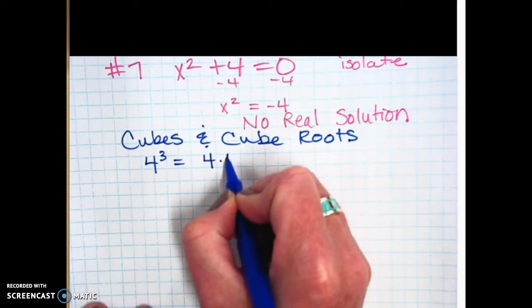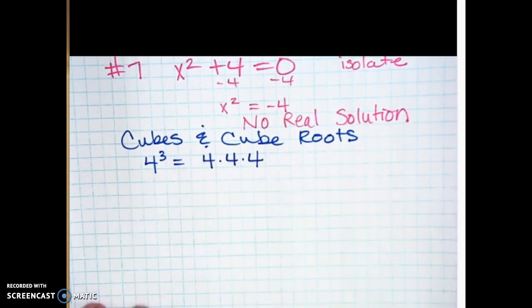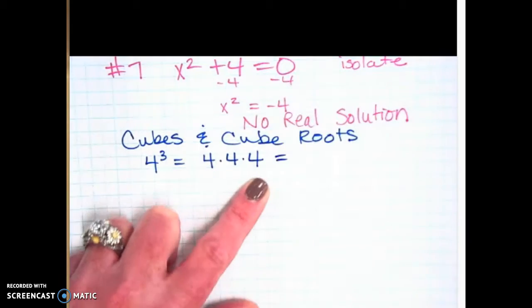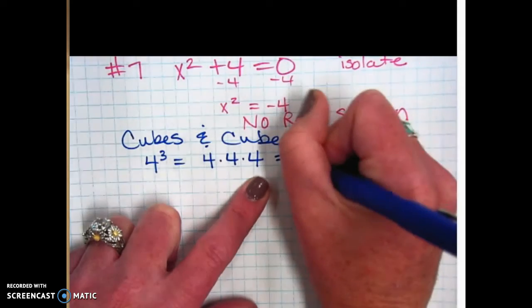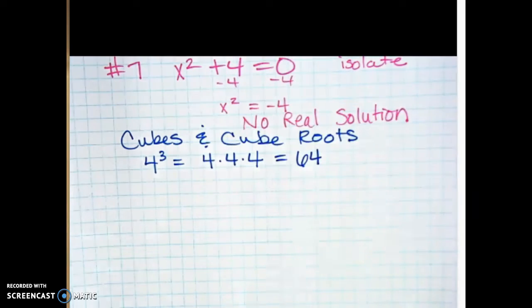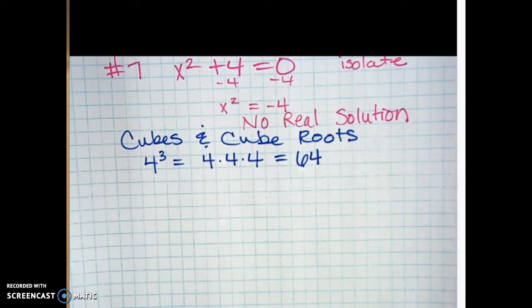That's like taking 4 and multiplying it 3 times. So 4 times 4 times 4, which you can punch in the calculator, and you would get 64. 64 is a tricky number because it's a perfect square and it's also a perfect cube.